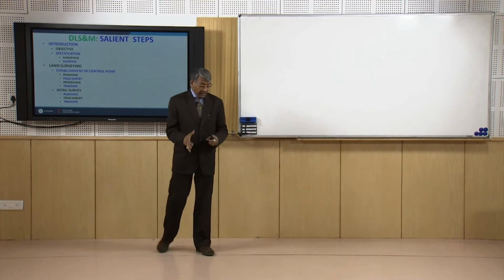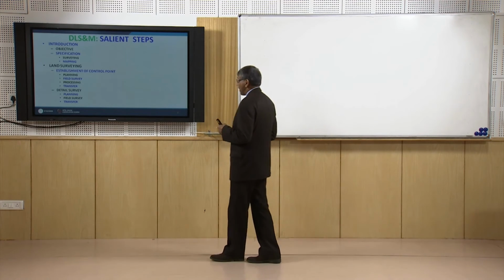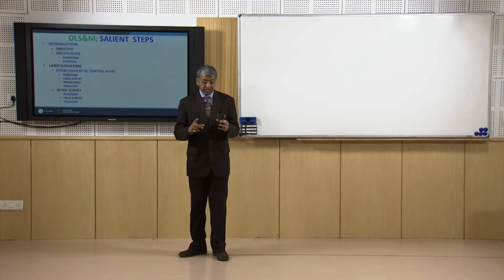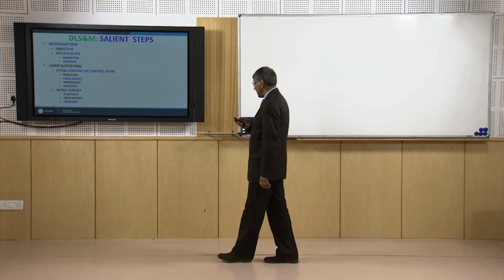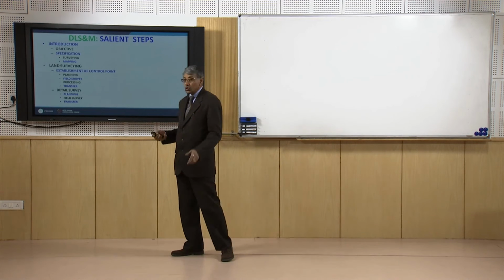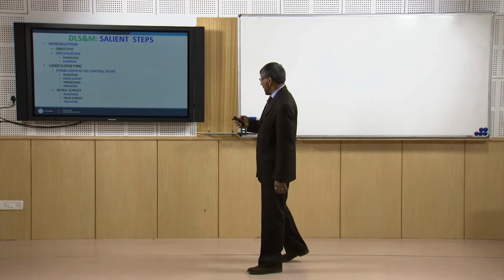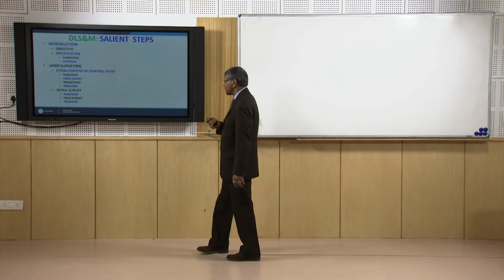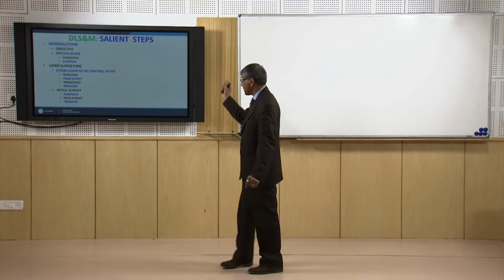Now in case of the total station, the field surveying is done by two methods basically. One is the backsight method, in which we will need to have at least 2 points whose coordinates are known. That we will do by making use of the GPS survey, which has already been done.